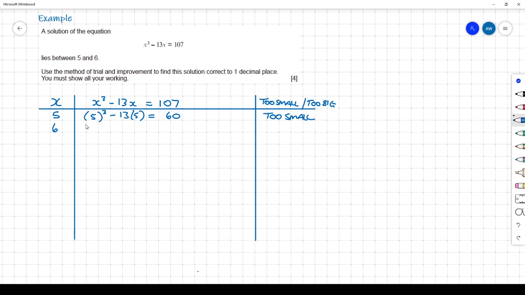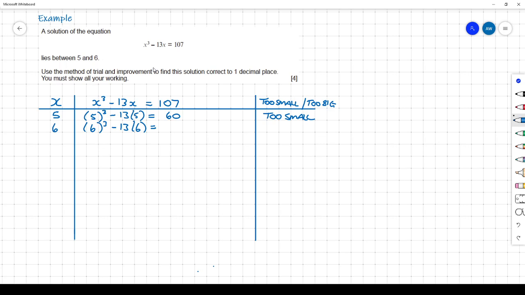So if we try 6, we substitute that in, and going back to my calculator again now. What you can do here is go back and delete the value of 5 inside the brackets and replace it with 6.